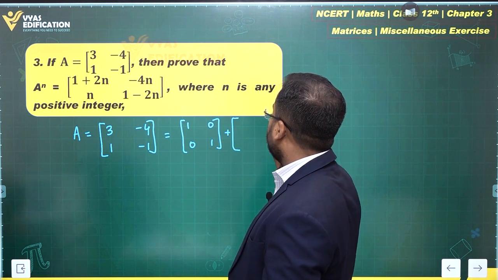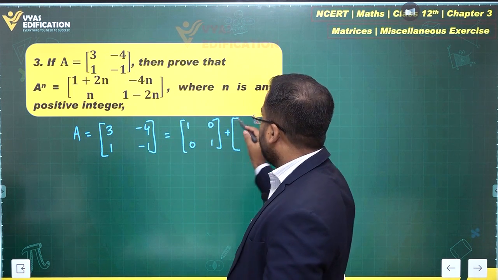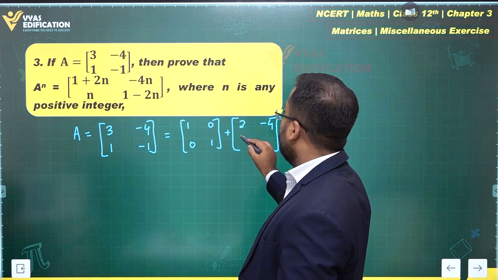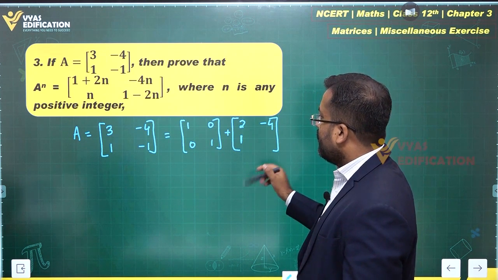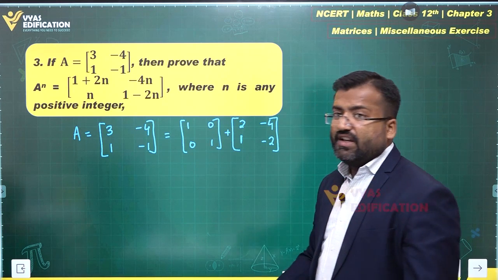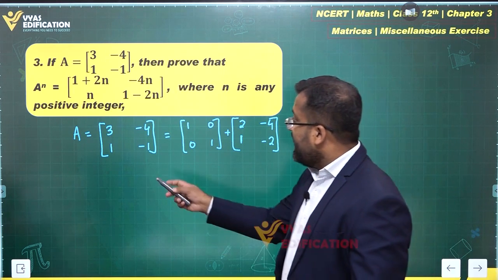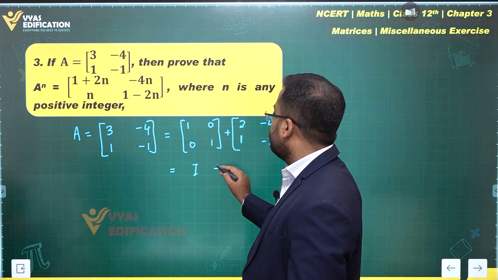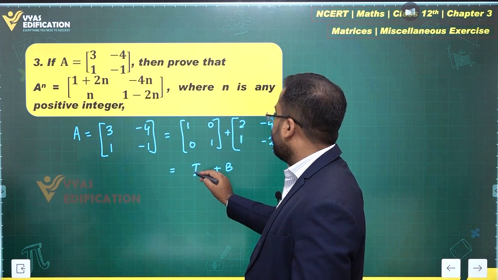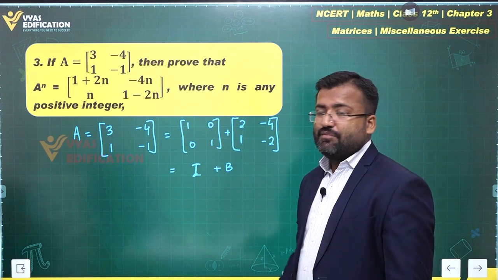The other would be obtained from here by writing 2, minus 4, 1, and what will this be equal to? This will be equal to minus 2 over here, right? Can I write it as this? Yes. A has been written as sum of 2 matrices. Let us call this matrix the identity matrix. Let us call this matrix B.